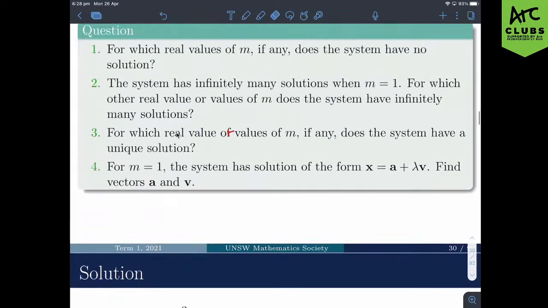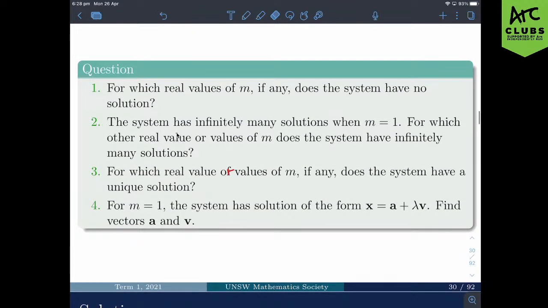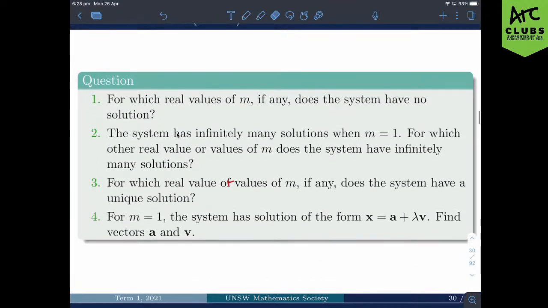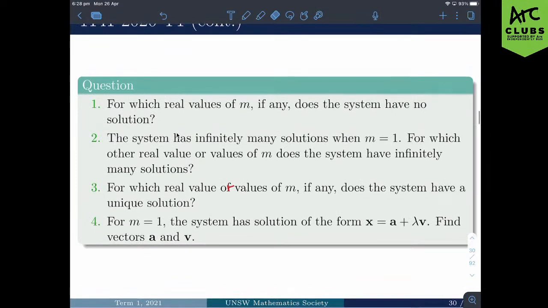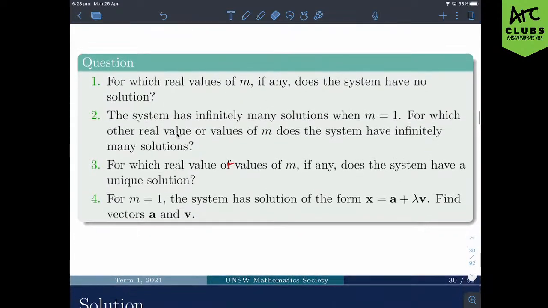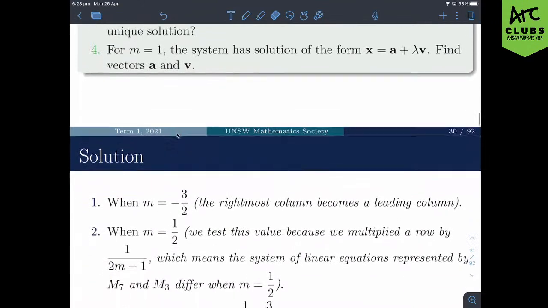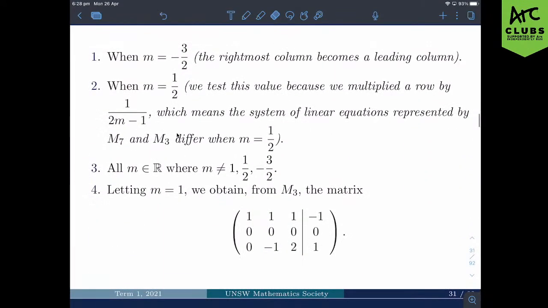And then for question 4, they want us to let M equal 1 and find solutions of the form A plus lambda V. And they want us to find what A and V are. So as we do, we substitute M equals 1 into matrix 3.